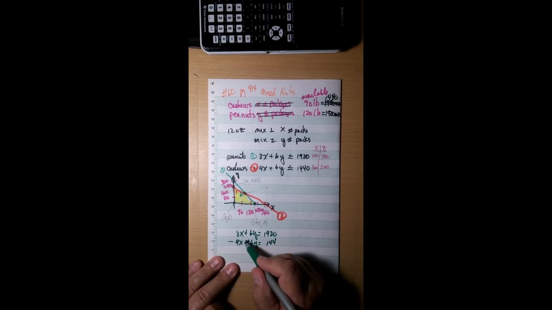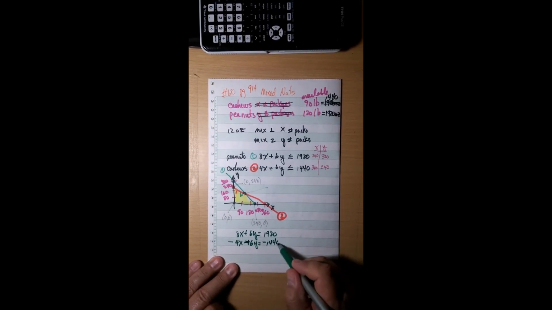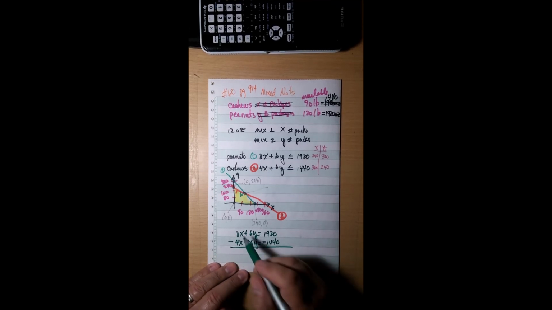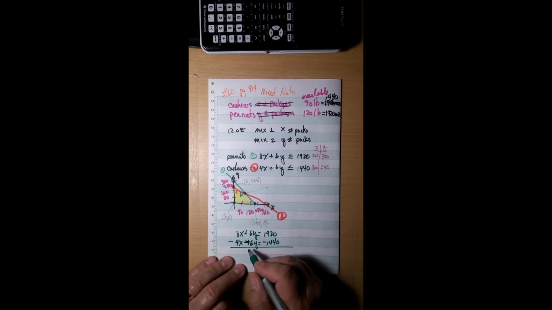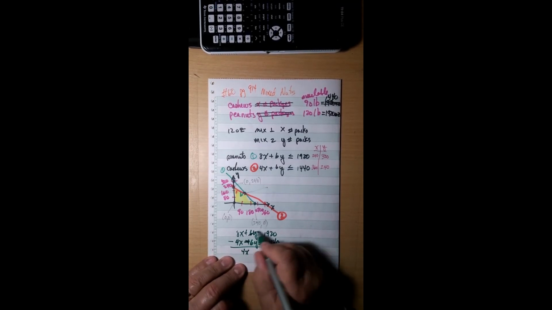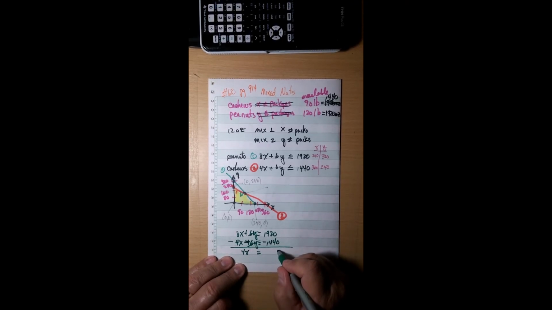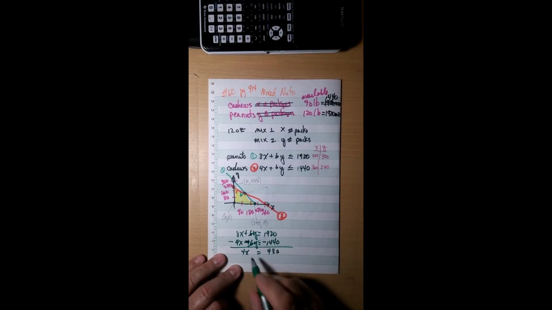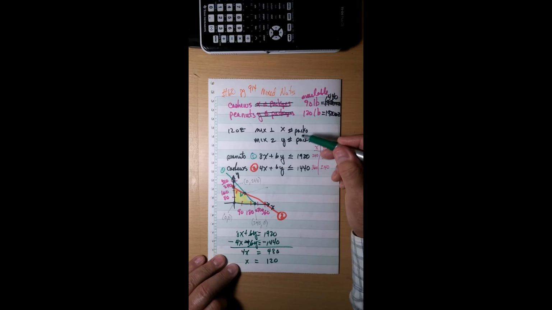Change all the signs for this second equation. So this is 8x minus 4x, which is 4x. These two cancel. That's what you want. So 0 minus 0, 12 minus 4 is 8. 8 minus 4 is 4. And x then becomes 120. So we can make 120 of mix 1.